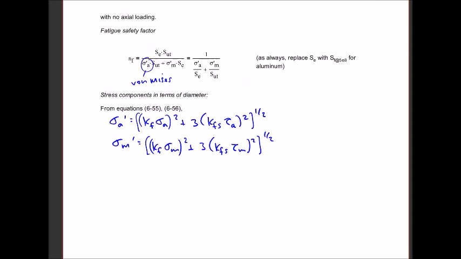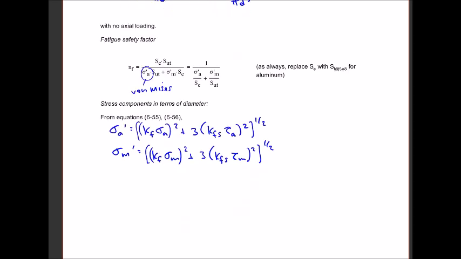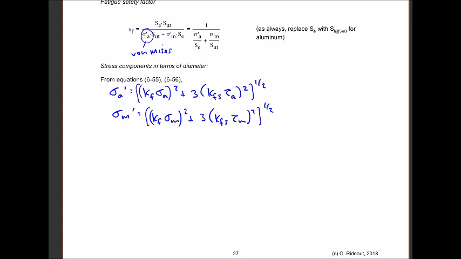Okay, and if I substitute in these expressions for sigma a and m, tau a and m from above, I'm going to get sigma a prime. Okay, big old square root, underneath of which I have KF times sigma a, which is 32 times Ma over pi d cubed, and that's going to be all squared.